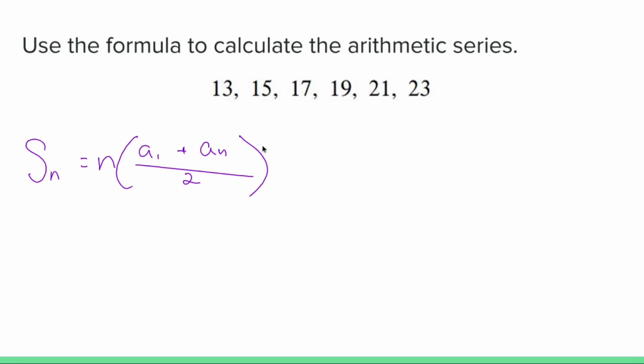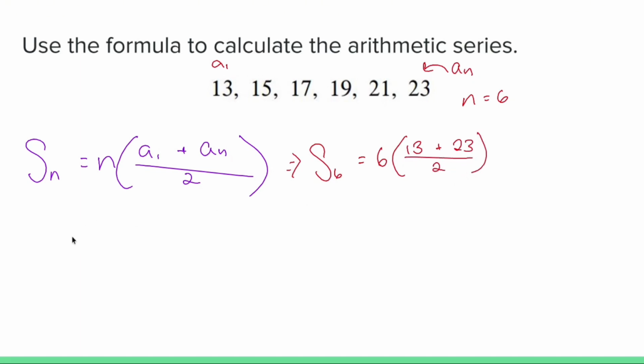I have my first term a sub 1, I have my nth term a sub n, and 1, 2, 3, 4, 5, 6, n is going to be 6. So S sub 6 is going to be 6 times my first term, which is 13, plus my sixth term, which is 23, all divided by 2.